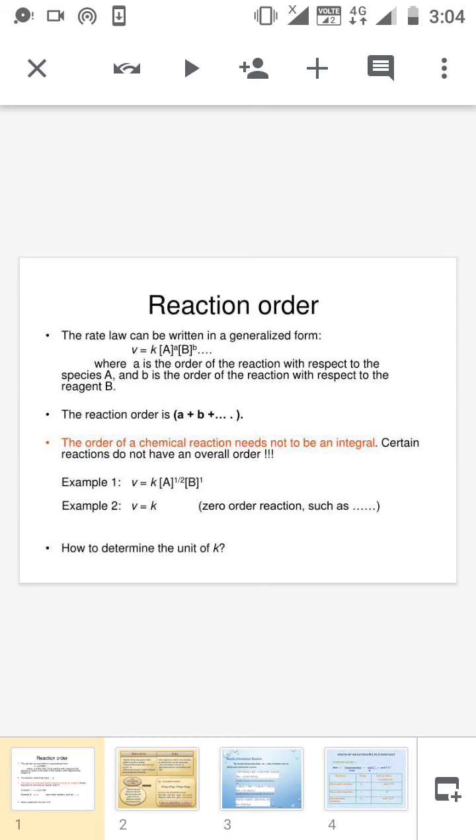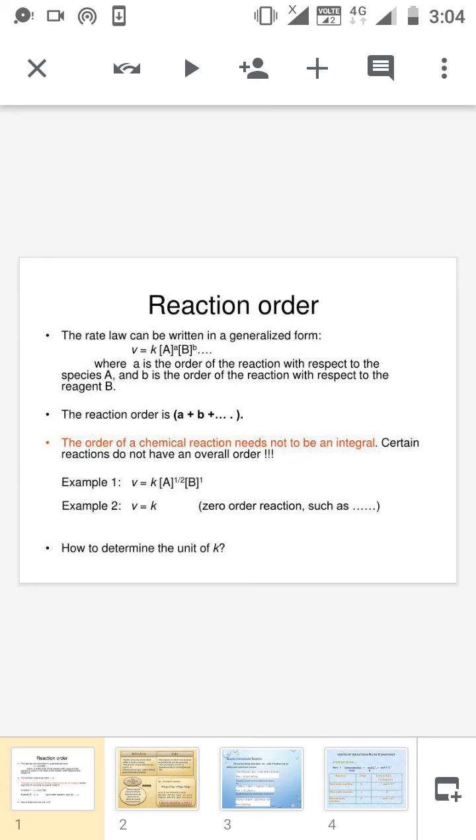Order is the sum of the power of the concentration terms of the reactants in the rate law or rate expression. Consider a reaction small a of capital A plus small b of capital B gives the product. Then how will you write the rate of the reaction?